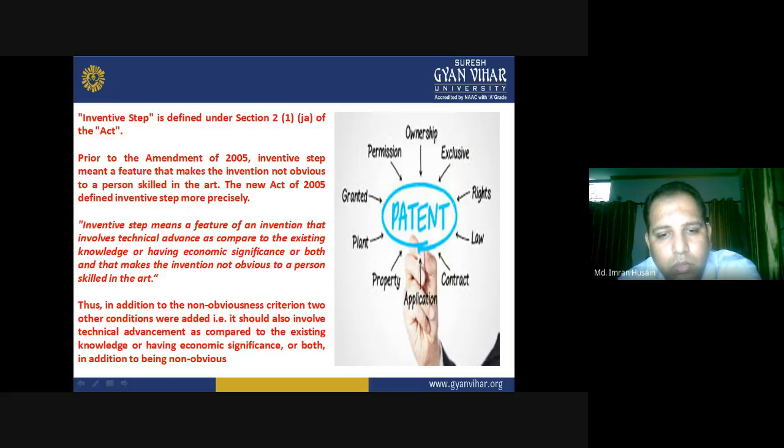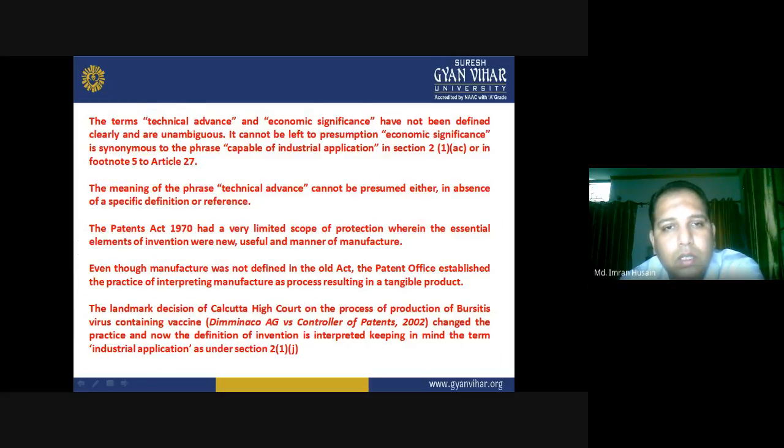That is, it should also involve technical advancement as compared to existing knowledge, or having economic significance, or both, in addition to being non-obvious. The terms technical advance and economic significance have not been defined clearly and are ambiguous. It cannot be left to presumption.